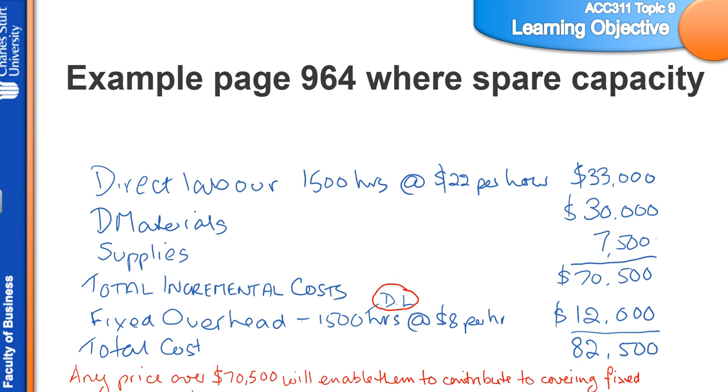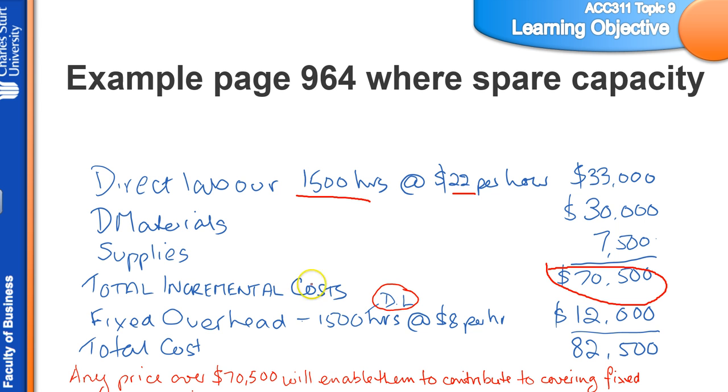So let's have a look at the example on page 964 where there is spare capacity. We've got the direct labour hours: 1,500 hours at $22 per hour, giving us $33,000. We've got the direct materials, which were $30,000. The supplies, $7,500. So our total incremental costs are $70,500.